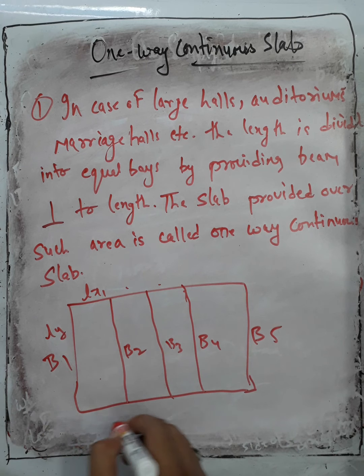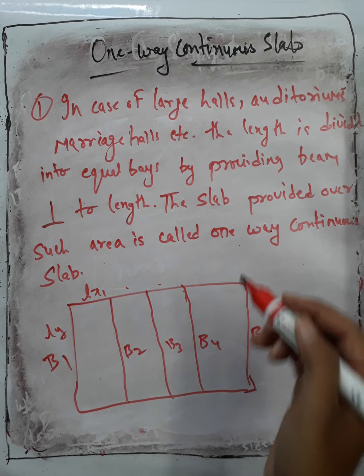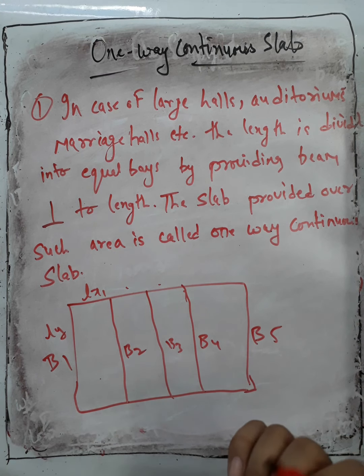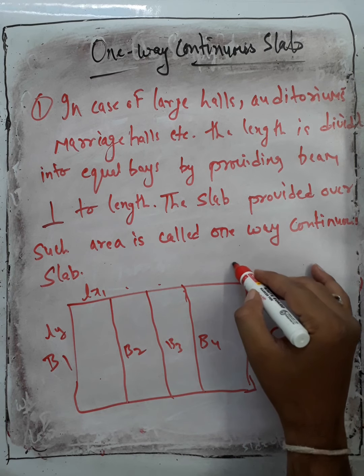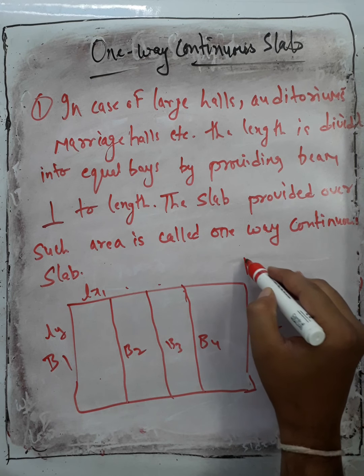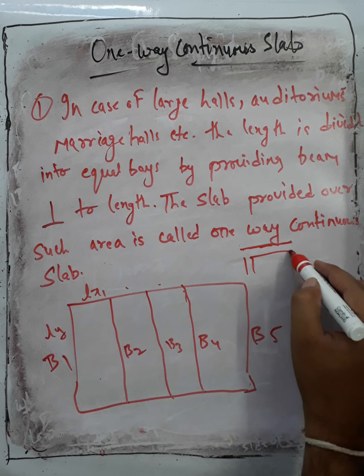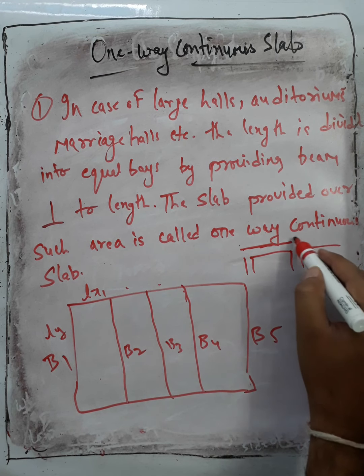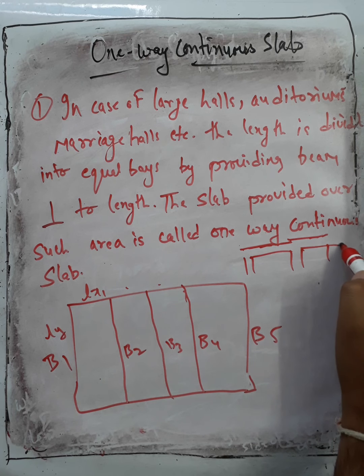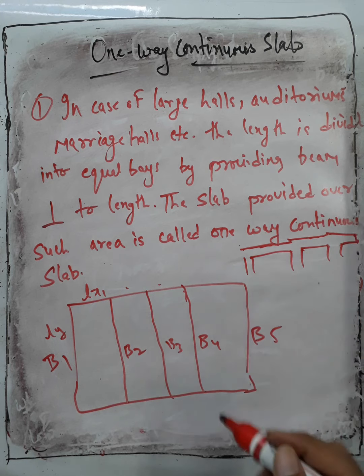Now if I want to design this slab, if you see the cross-sectional area of this slab, like in the construction of a bridge, it looks like this.